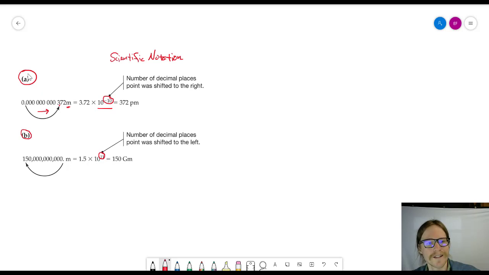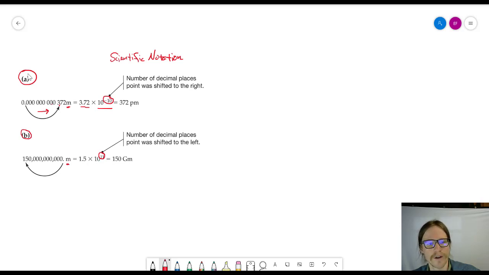So in this case, if we count every numeral we move over, this is 1, 2, 3, 4, 5, 6, 7, 8, 9, 10. We're moving to the right, so this value becomes 3.72 times 10 to the minus 10. This letter B represents the diameter of the Earth, so this is a very large quantity, same unit, meter in this case.